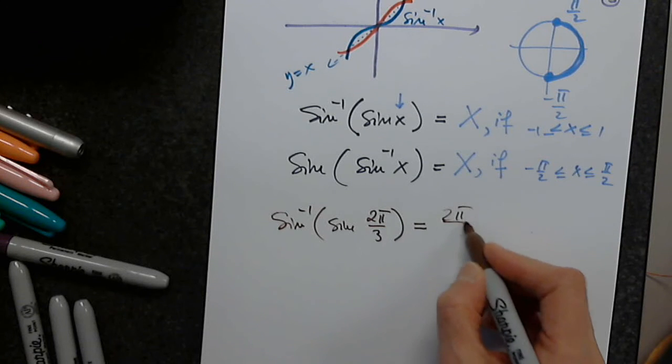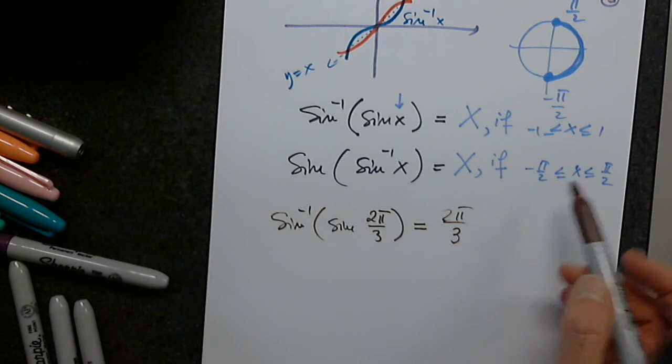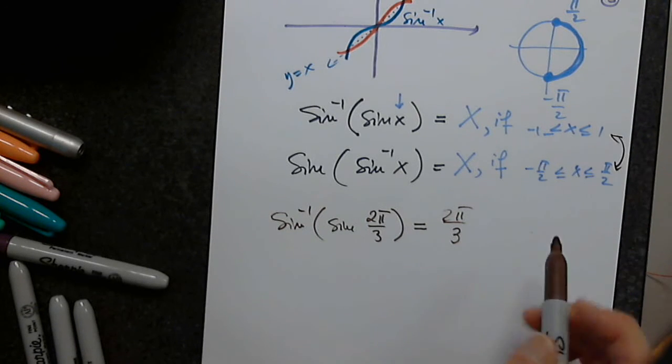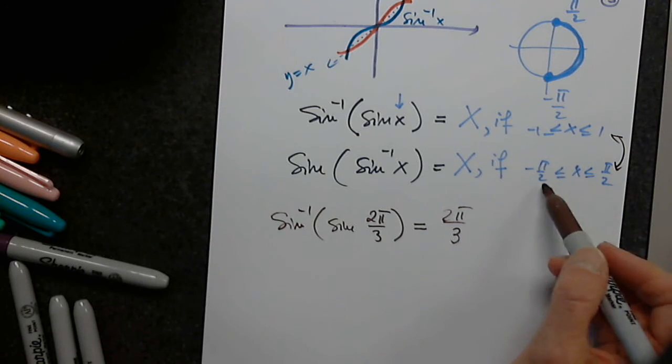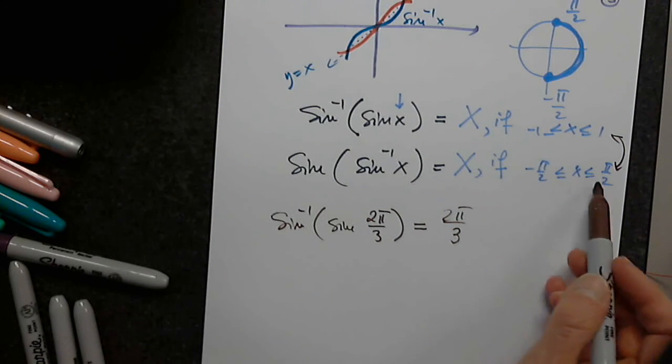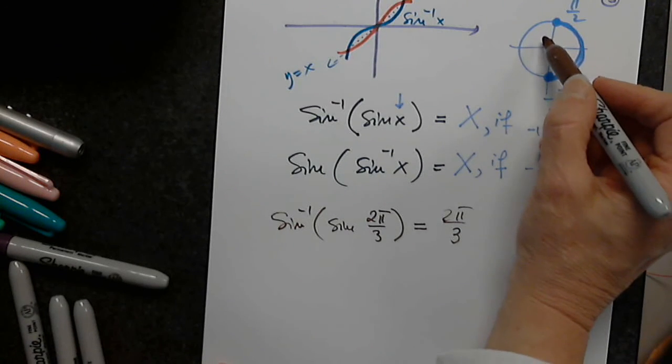Right, but there is a problem. I cannot write 2 pi over 3 because 2 pi over 3 is not between negative pi over 2 and pi over 2. 2 pi over 3 is here. It's 2 times 60.